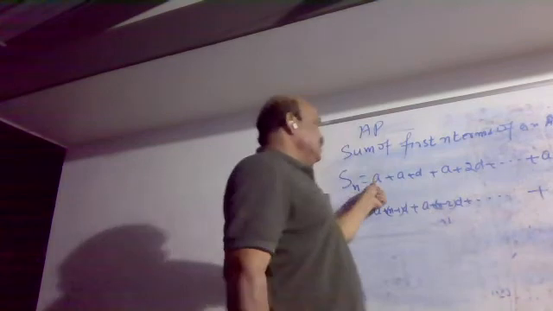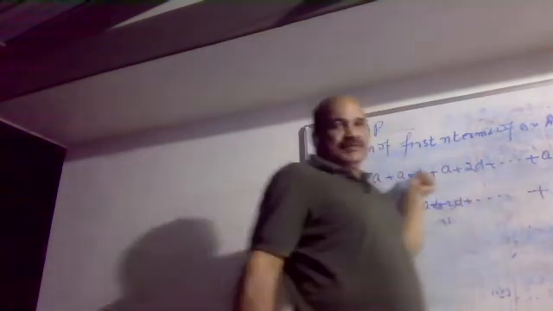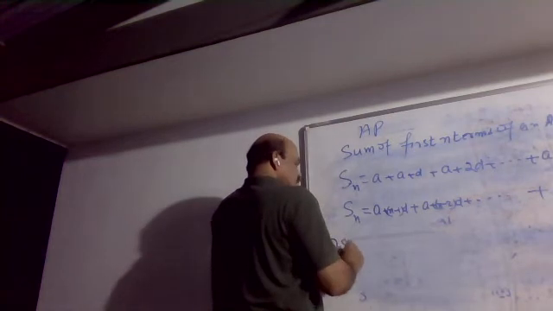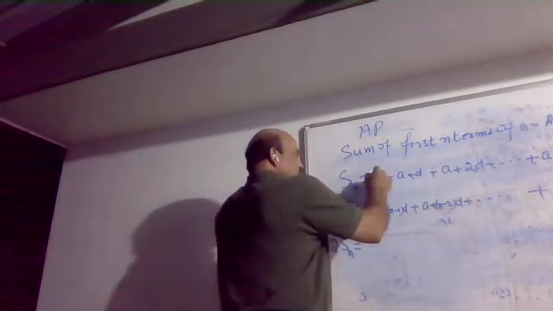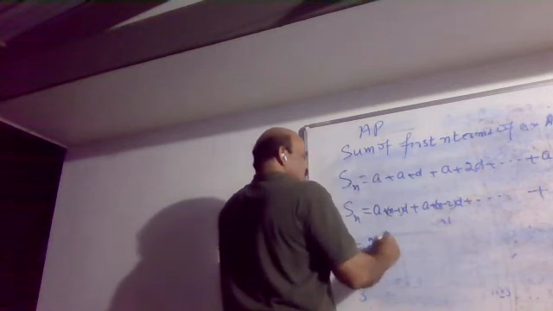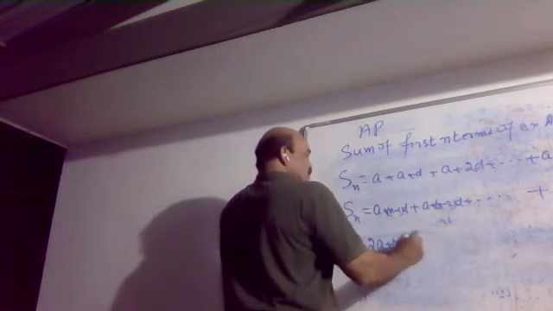You are writing the first n terms, then the reverse, and adding: Sn plus Sn is 2Sn. For the first terms, a plus a is 2a plus n minus 1 into d.